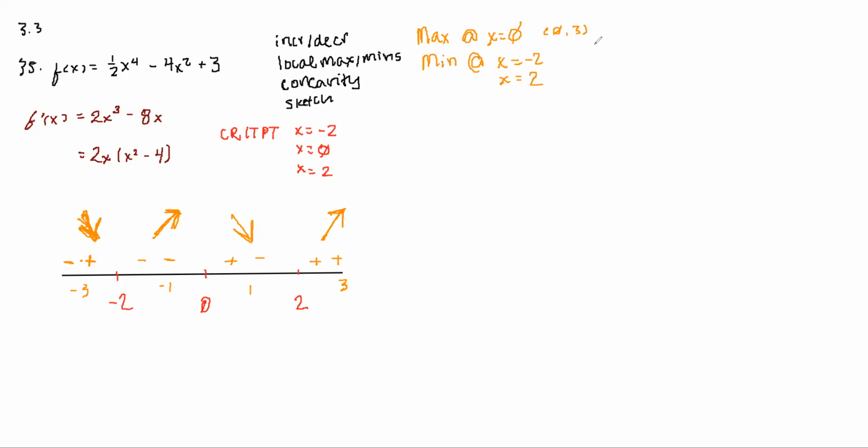So what's the other question we can ask? Oh, yeah, somebody already answered it. It's increasing and decreasing. So where are we increasing from? What are the intervals on which I am increasing?